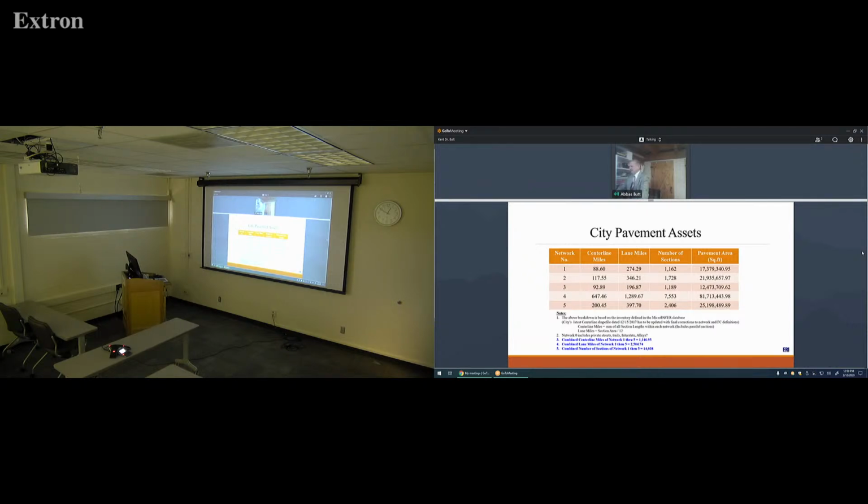Those streets are maintained on those bases. In other words, we may call them gravel roads also, or oil and chip roads. But network 4 is the largest area, also 81 million square feet.